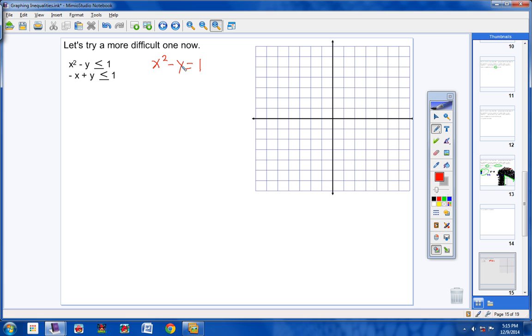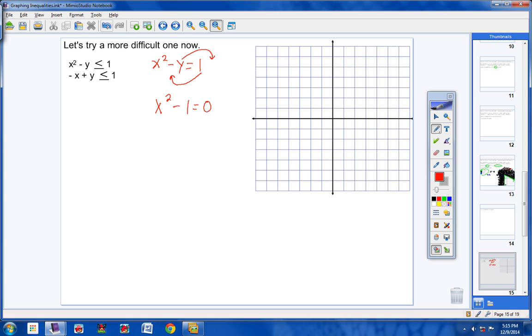In the past in Algebra 2, when you graphed your quadratic equations, y was always by itself. So it's going to be a lot easier to graph this if y is by itself. So I'm going to bring the y over here and make it positive. I'm going to bring the 1 over here and make it negative. So x squared minus 1 equals 0.